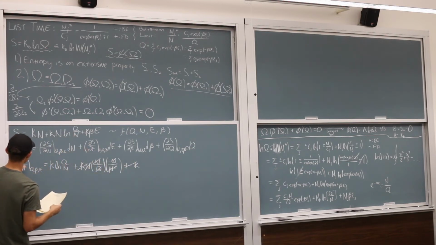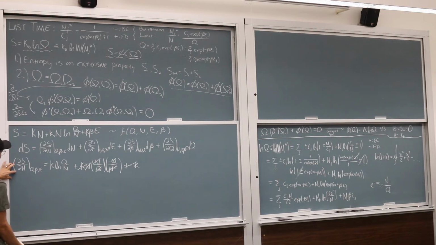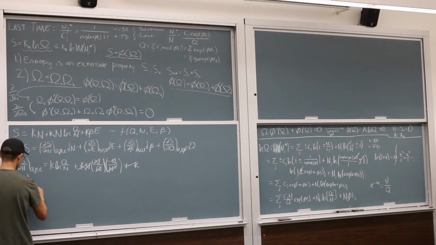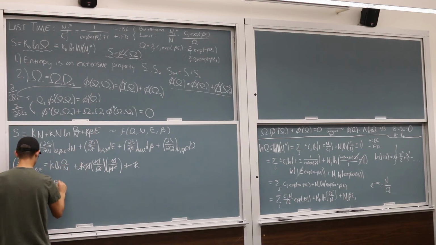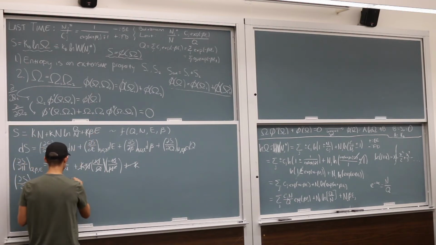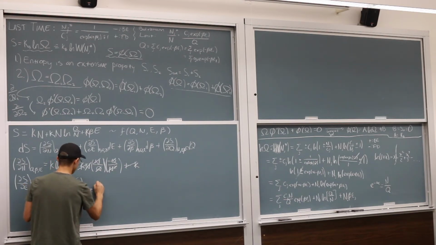So for the derivative of s with respect to n, holding all other things constant, it's just k natural log of q over n. The derivative of the entropy with respect to the energy, holding all other things constant, is equal to just k beta, right? Here, the derivative of entropy with respect to beta, holding all other things constant, is just e.